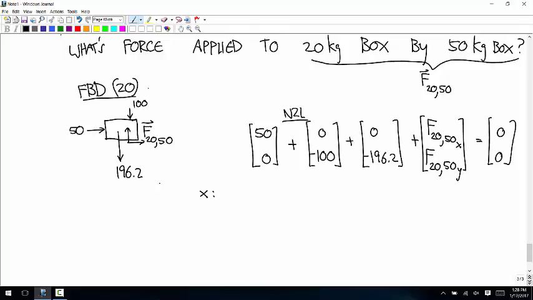The x component of this equation says 50 plus F_2050 x equals 0, so F_2050 x is equal to negative 50.